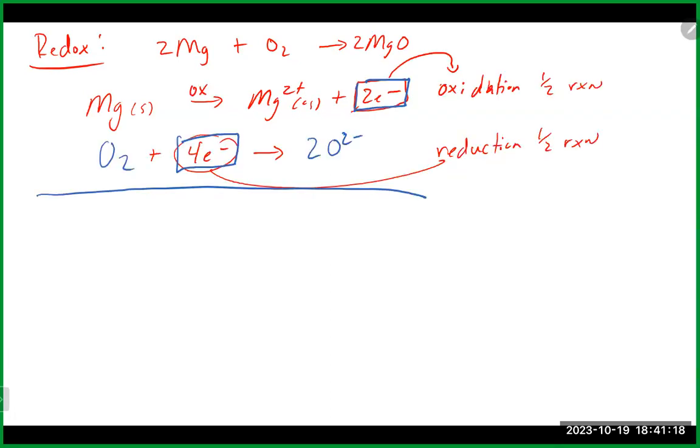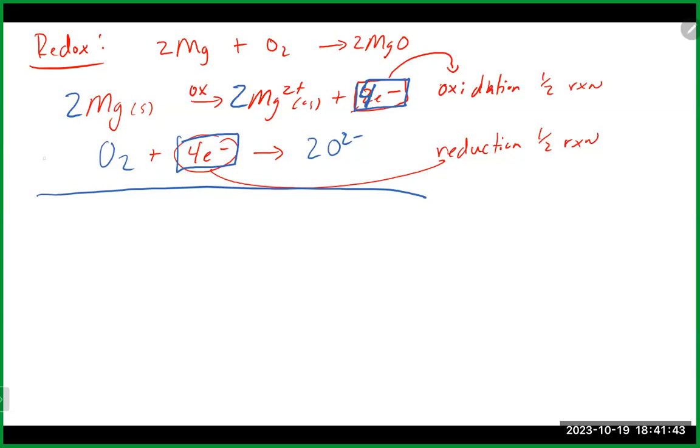And we do need to make sure we have the same number of electrons. Sometimes that requires you to multiply one of the half reactions by a common number, or maybe both half reactions in certain cases. For example, if you had a 3 and a 2, the common number would be 6, so you would have to multiply both half reactions. In this case, we just need to multiply the top one by 2, and that would get me the 4 electrons that I need.